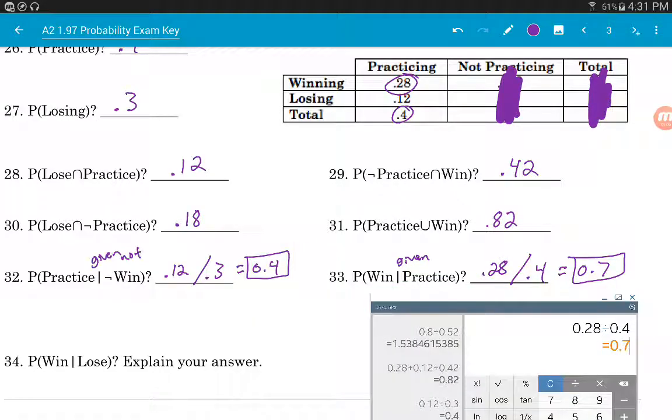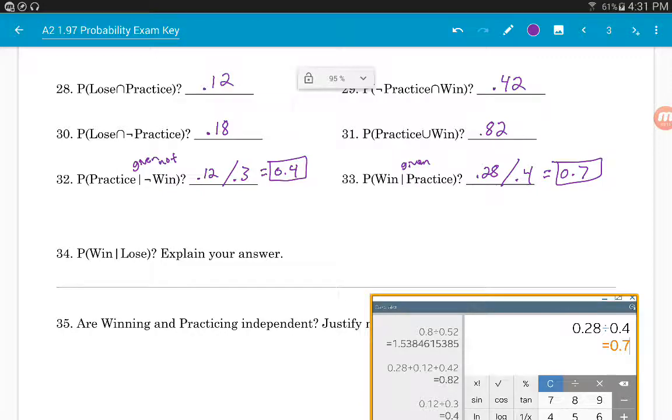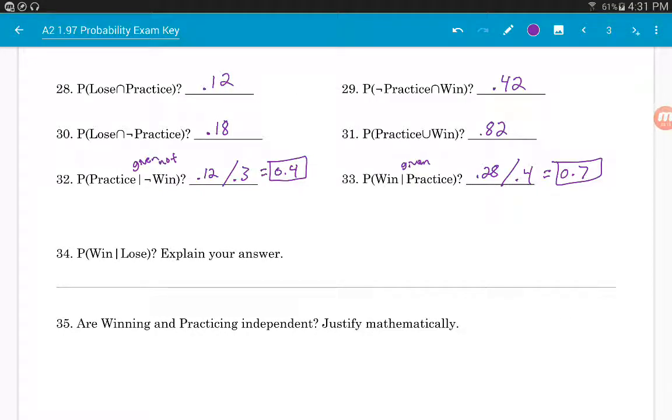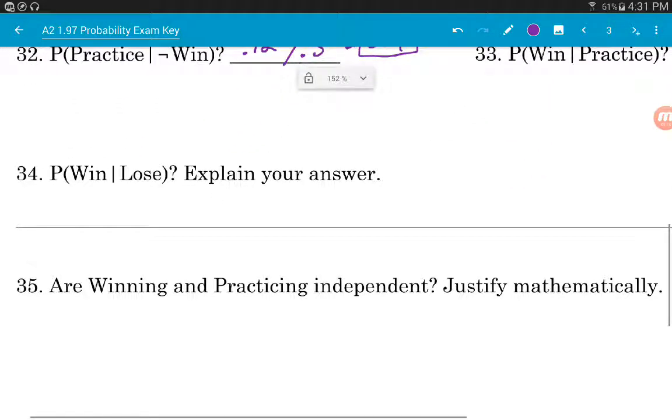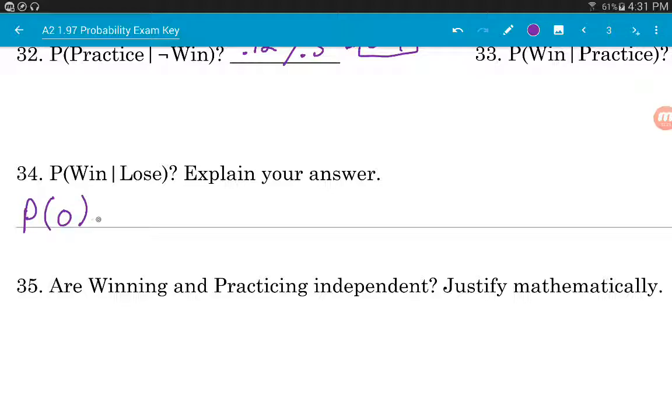Now, last one about this Venn diagram. What is the probability of winning given losing? This is just showing me that you understand the concept of a given. So if you are given that you lost, then you cannot have won. The probability of win given lose equals 0.